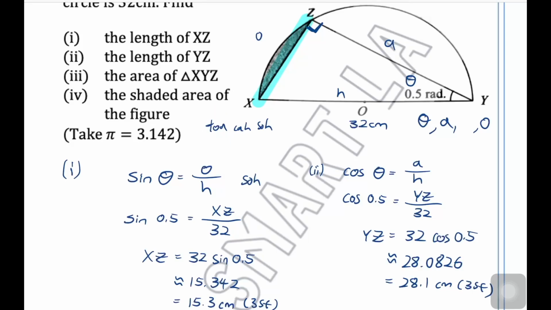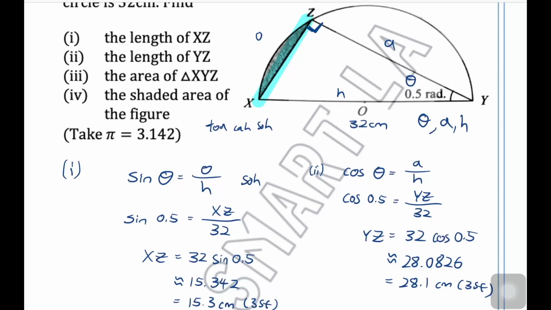All right, so that's just a very quick revision for SOH CAH TOA. But over here, I chose to use hypotenuse because hypotenuse is given to us, right? In case you get part one wrong, then your opposite will be wrong, then using that in your part two will be wrong too.